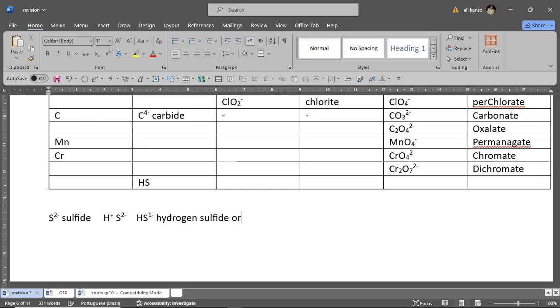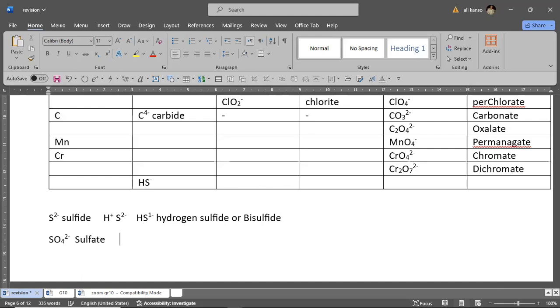Or simply, when hydrogen is introduced, we call it bisulfide. Okay, bisulfide. Similarly, for SO4 2 minus, this is called sulfate.